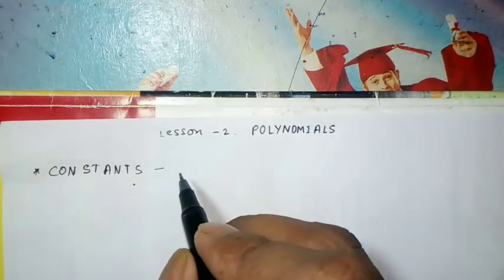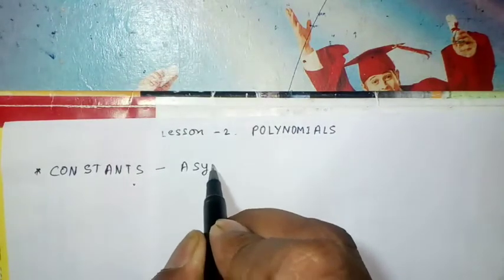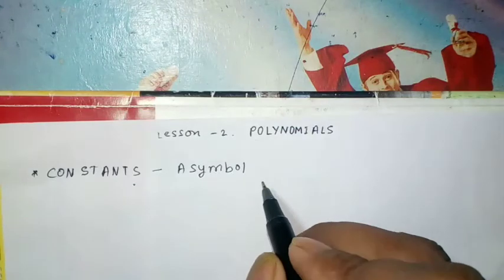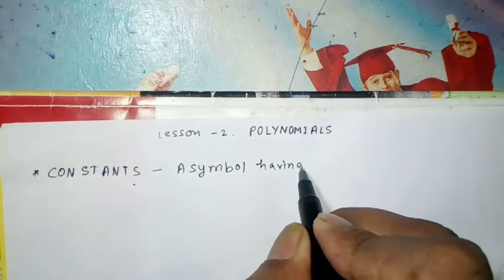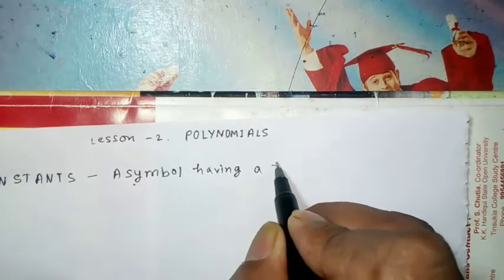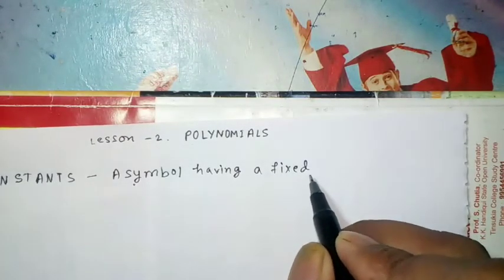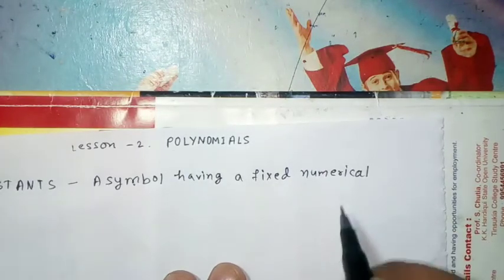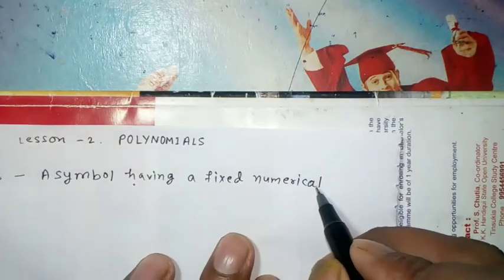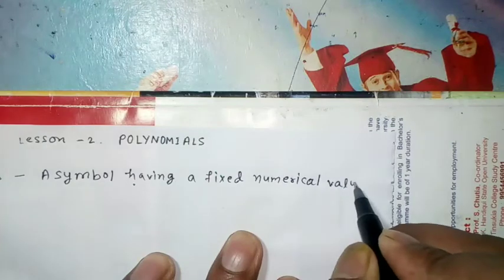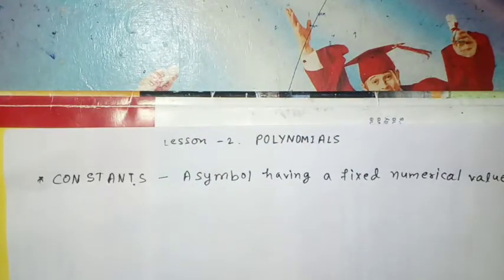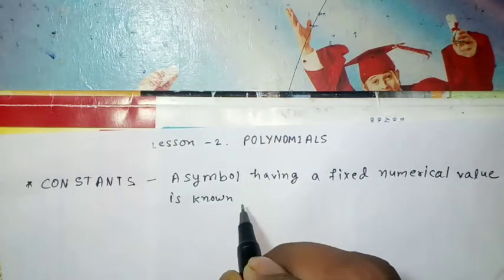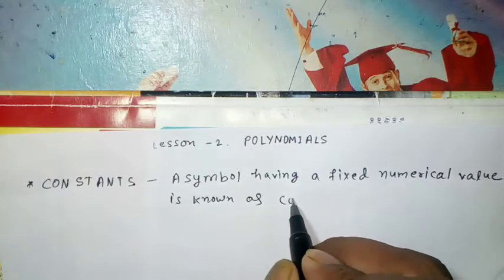A symbol having a fixed numerical value is known as constant.